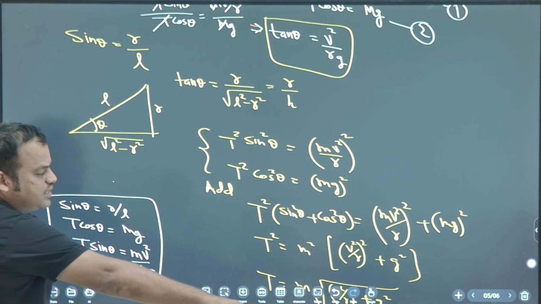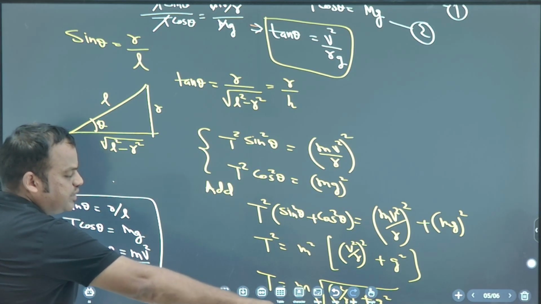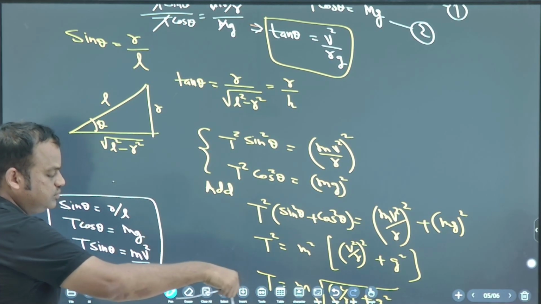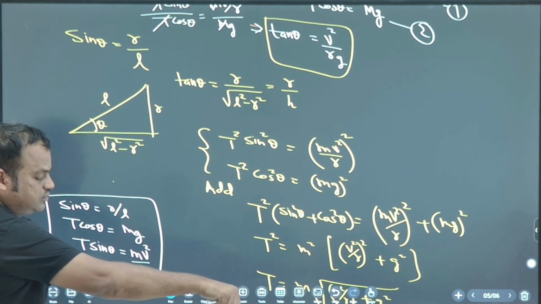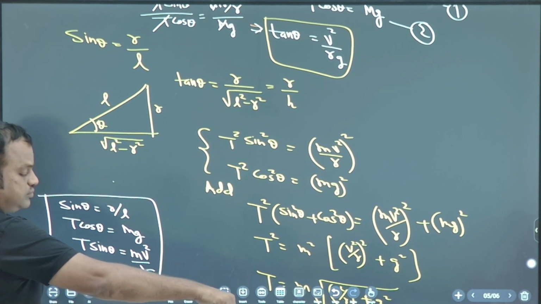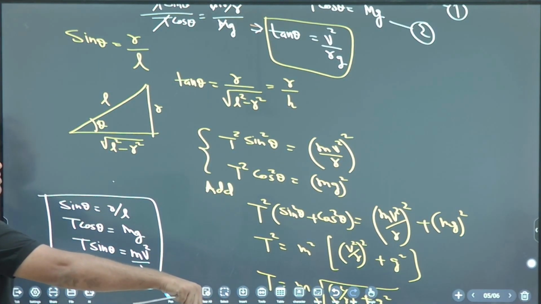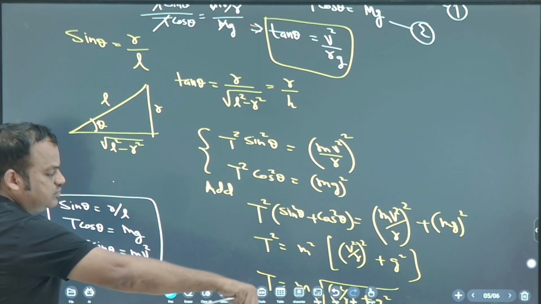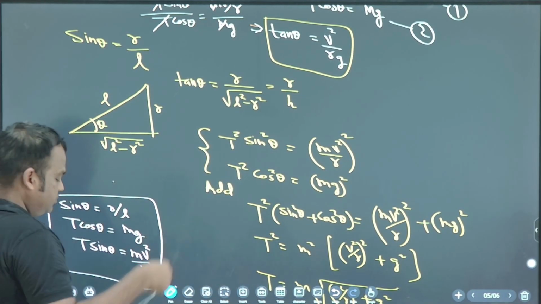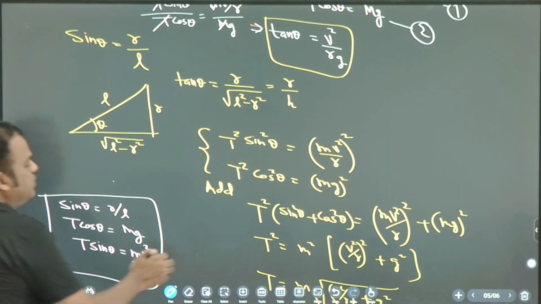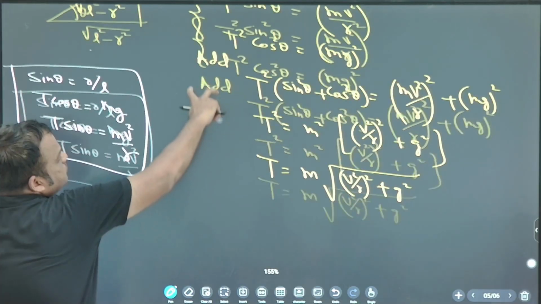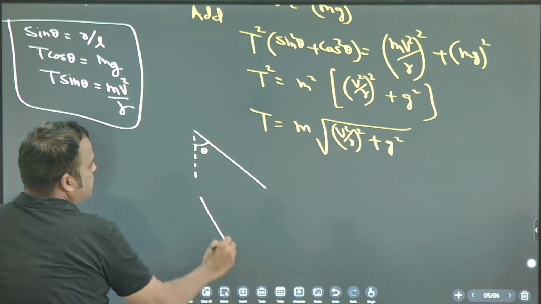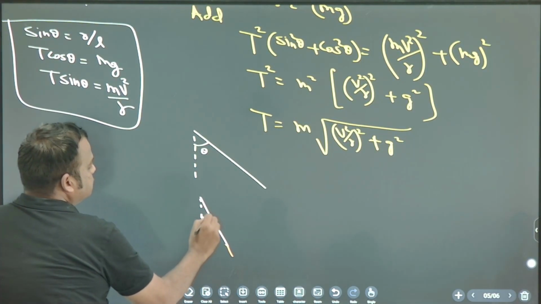Radius. Length is the same, correct? Less radius gives a smaller angle, theta also less. Now theta is more with more radius. So this is more theta, this is less theta. Okay, clear?